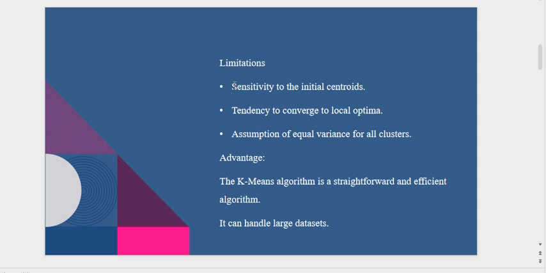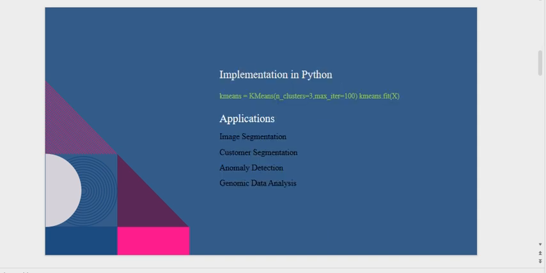The advantage is, it is the most popular one. It does work for large data sets, and it is a very straightforward, very easy algorithm. People usually prefer it. And next comes the implementation, how we are going to do it in Python.